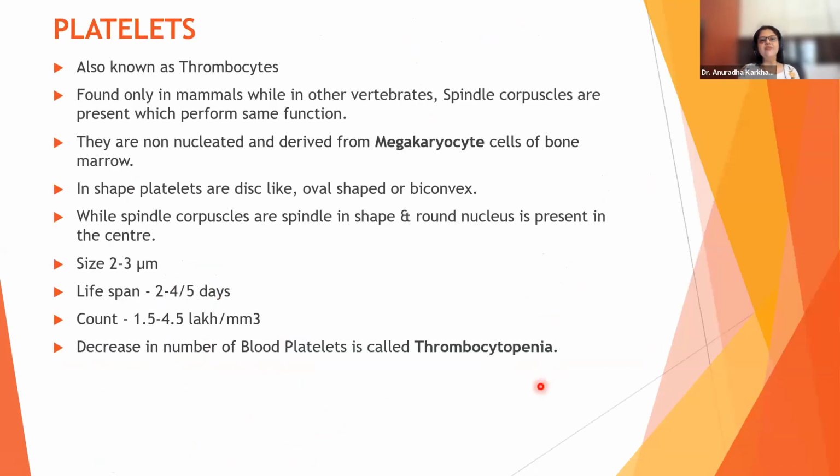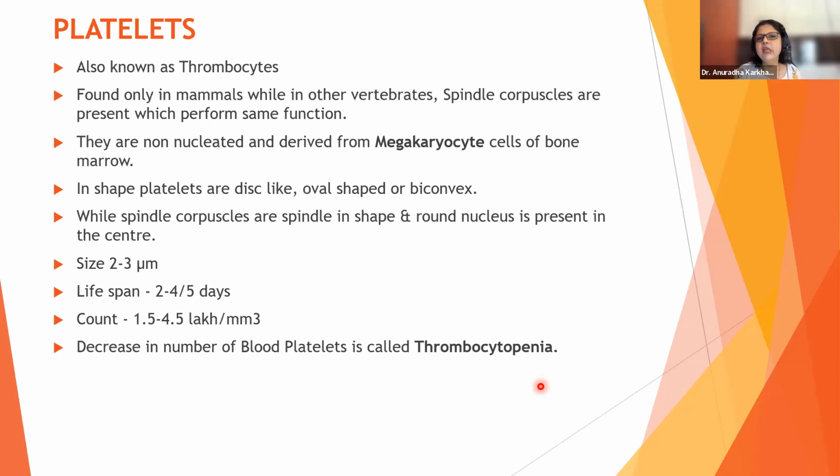Platelets, also known as thrombocytes, found only in mammals, while in other vertebrates, spindle corpuscles are present which perform the same function. They are non-nucleated, derived from megakaryocyte of the bone marrow. Its shape, platelets are disc-like, oval shape or biconvex, while spindle corpuscles are in spindle and around nucleus is present in the center.